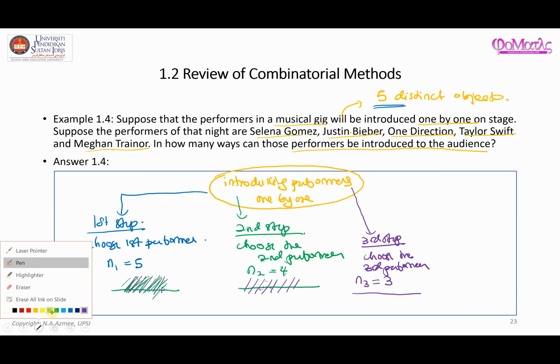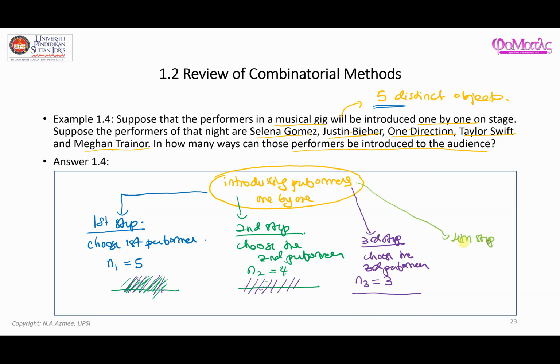Next is the fourth step, where you're going to choose the fourth performer, and bear in mind that this space is filled up, this space is filled up, this space is already filled up, so 3 spaces have already been filled up, so the number of ways you have now is reduced to 2 options only.